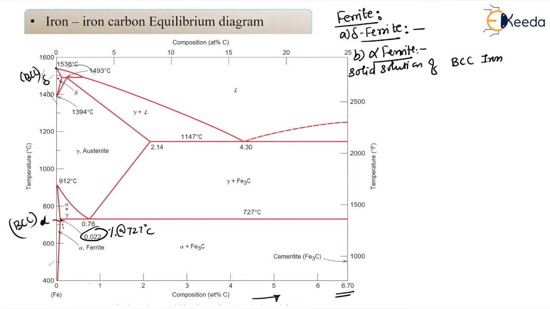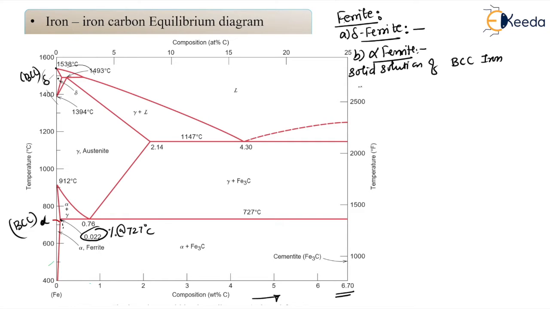Now you understand that delta ferrite occurs at very high temperature and actually has no practical application. But this alpha ferrite, dear students, is the solid solution of BCC iron and has a maximum solubility of 0.022% at 727 degrees centigrade.